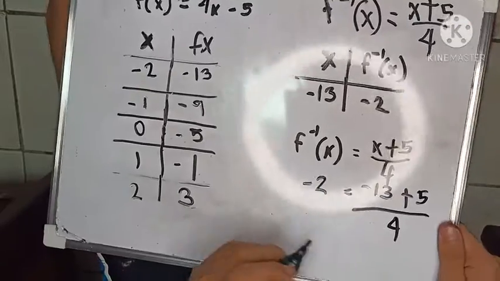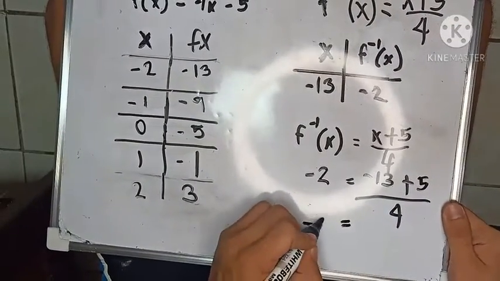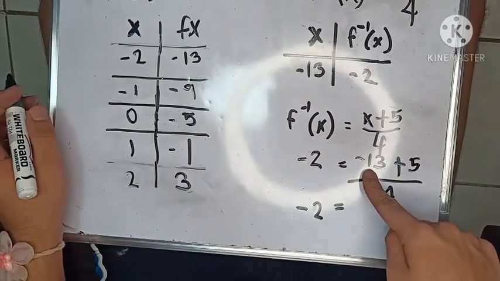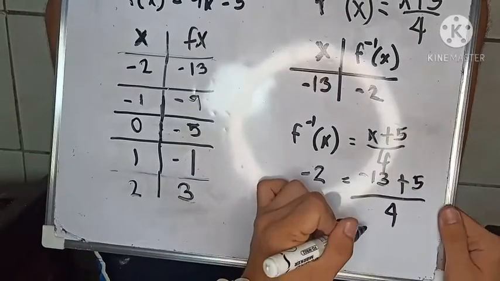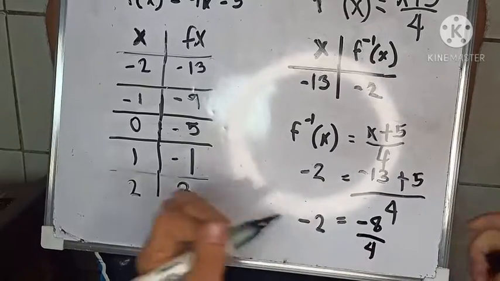So what happens next should be like this. Negative 2 equals negative 13 plus 5, which is negative 8, over 4.